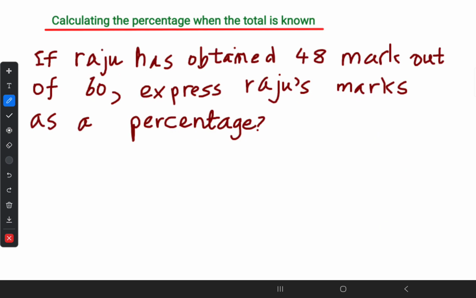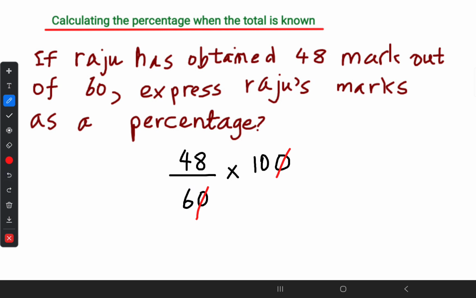If Raju has obtained 48 marks out of 60, express Raju's marks as a percentage. First, let's write the fraction 48 out of 60. In the denominator, the total 60 marks, multiplied by 100. We can simplify 0 with 0. We cannot simplify this other 0 because there is nothing here to simplify.